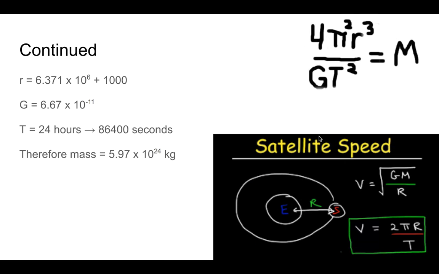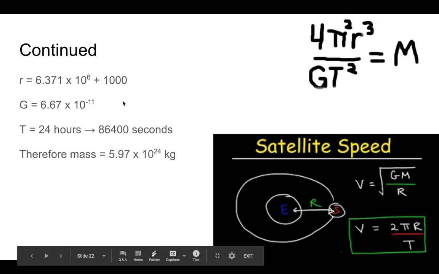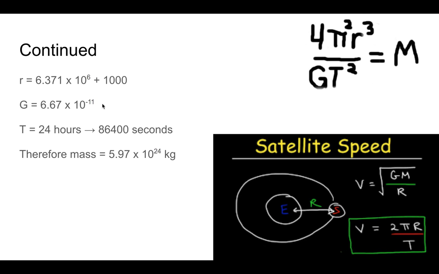So plugging in some of these numbers, r would equal 6.371 times 10 to the 6, which is the radius of the Earth. But you would add on that 1,000 meters because it's not on the surface of the Earth. It's actually 1,000 meters or 1 kilometer above the surface. G is the gravitational constant, which I didn't write the units on here, but it's just a number we're going to plug in.